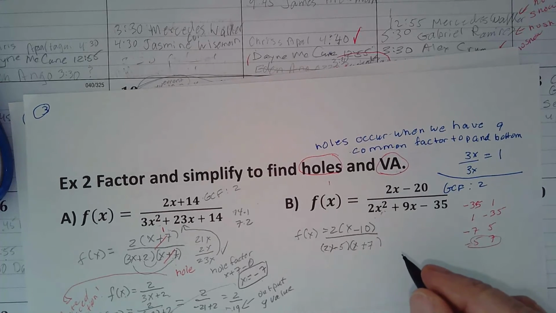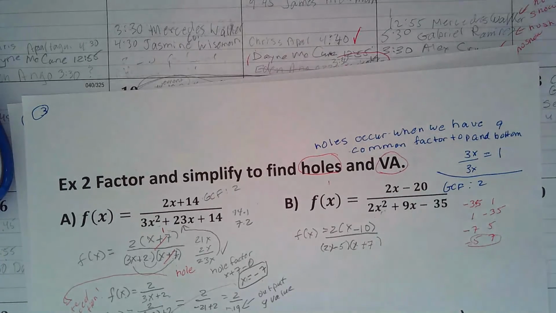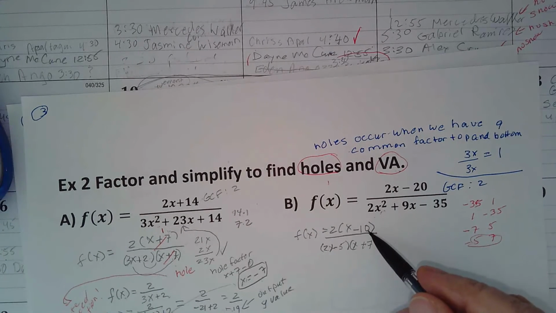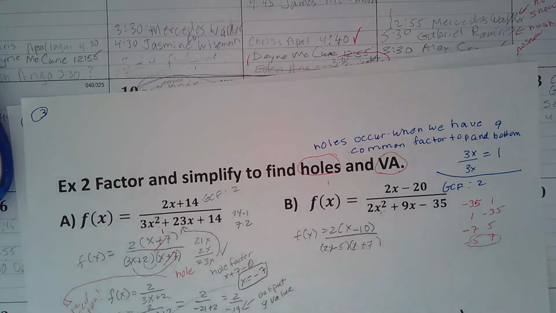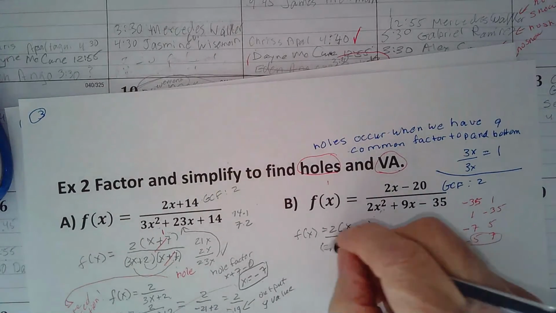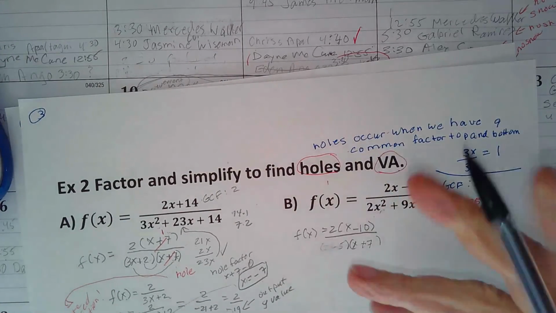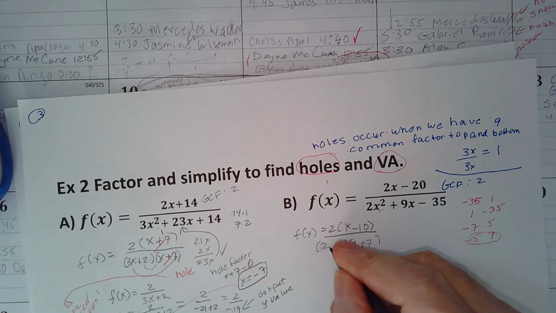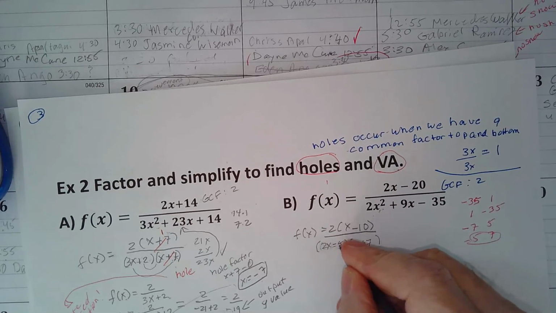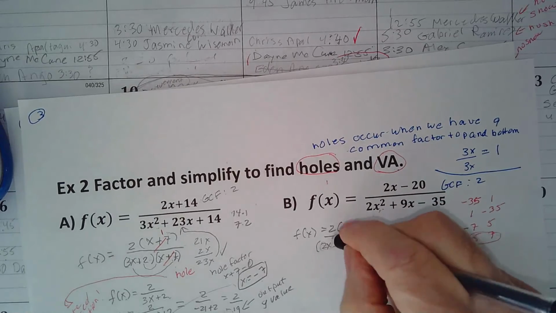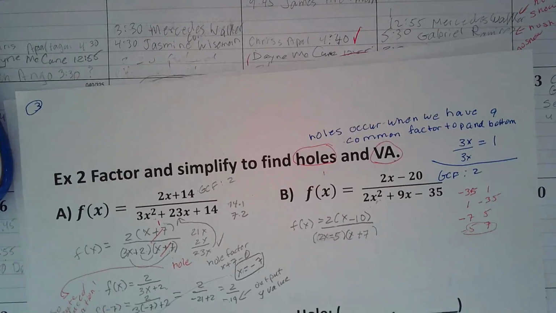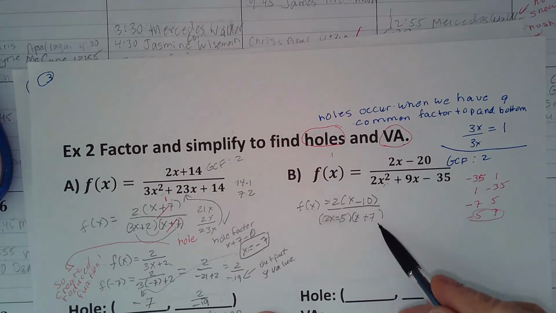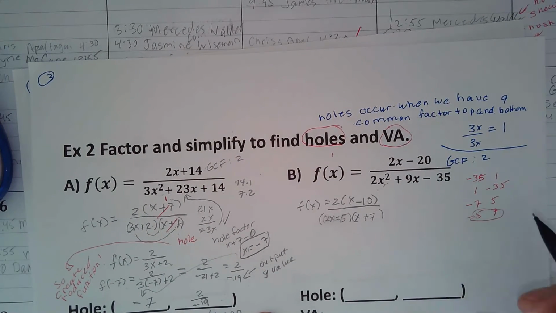Okay. All right. So now let's look for holes. Let's make this a little cleaner. So I get 2x minus 5 here. Okay. So I have no holes. So there's no holes.